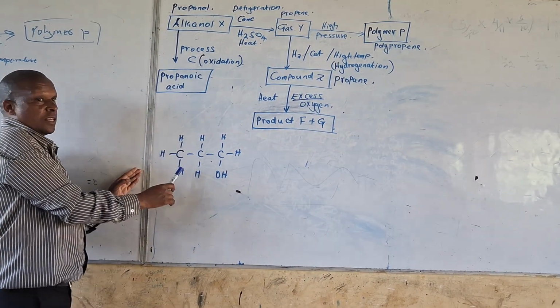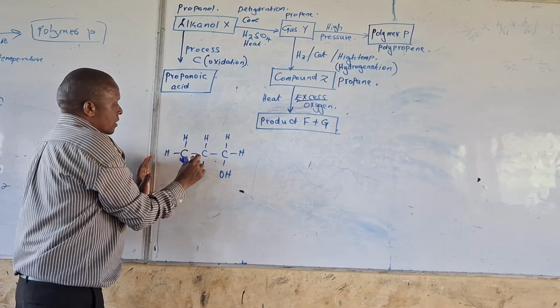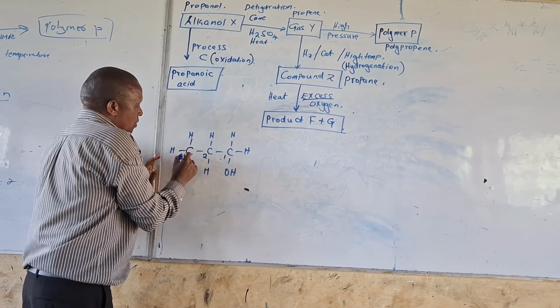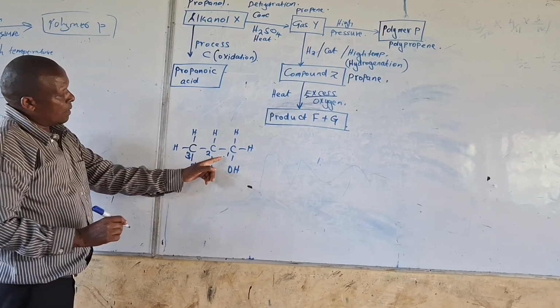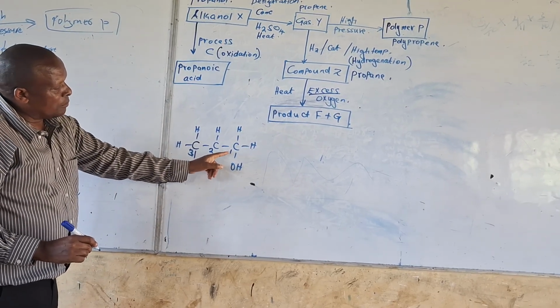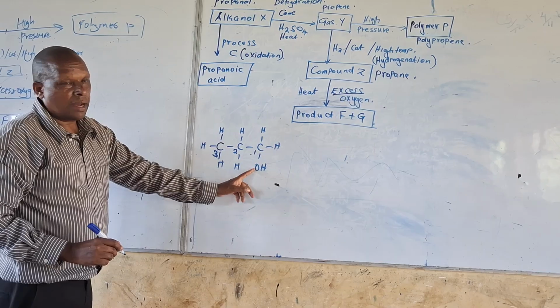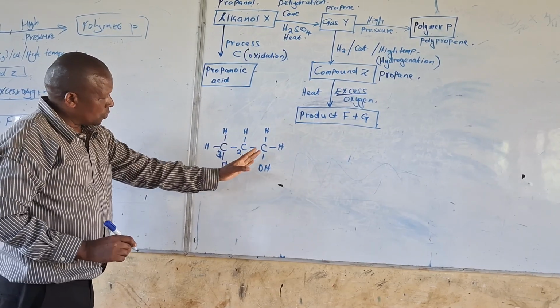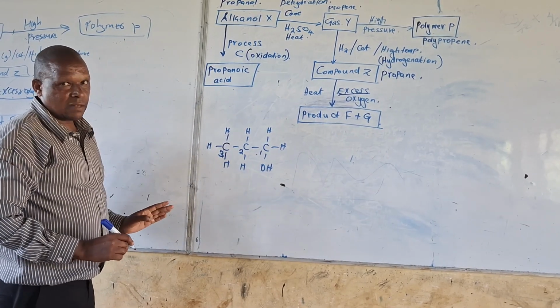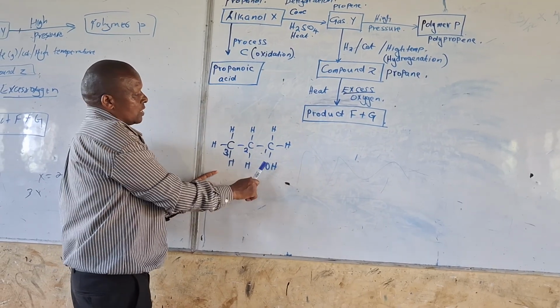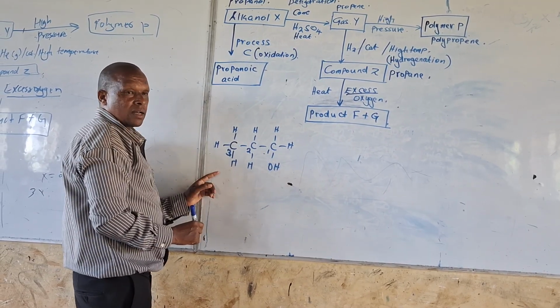We count the carbon atoms 1, 2, 3. Carbon number 1 is usually the carbon atom to which the hydroxyl group is attached. Number 2, you now move away, counting like that. So this is propan-1-ol, or propanol, because the hydroxyl group is attached to carbon number 1.